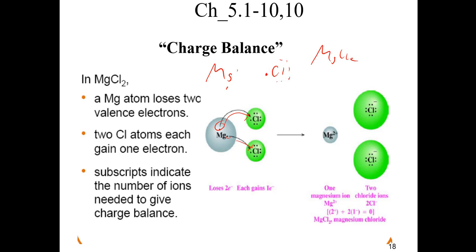Now the chloride is getting really messy, my apologies, but there's 7 valence electrons there, and I have 2 electrons that need to be donated in order for it to be a 2 positive charge, so that way it completes its inner octet. Unfortunately, we do not have enough chlorides, so I need to add in an extra 1. So that way 1 electron goes to 1 chloride, completing its octet, and then the other electron goes to the other chloride, completing its octet.